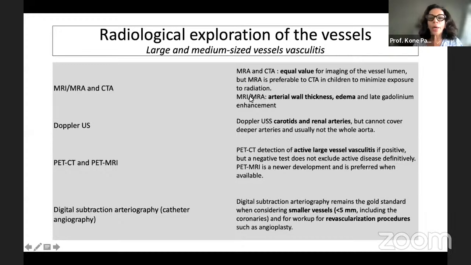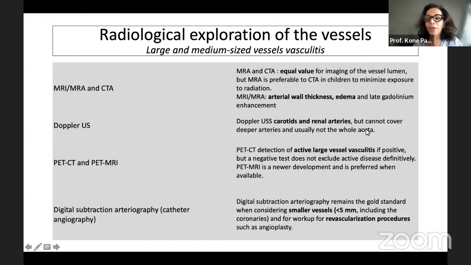And also, the angio-MRI is very interesting to see the arterial wall thickness, and you can see edema and late gadolinium enhancement. The Doppler is something interesting in children, and it's helpful to examine the carotid and the renal arteries.